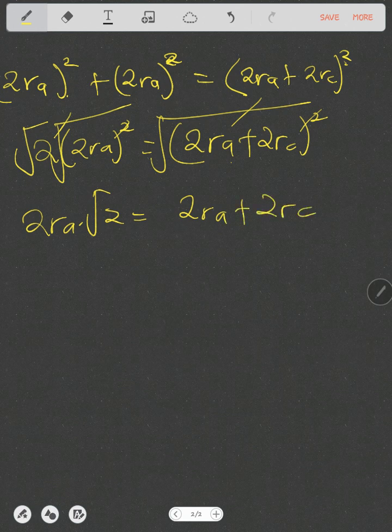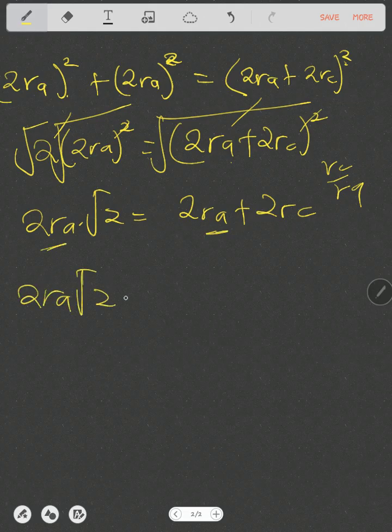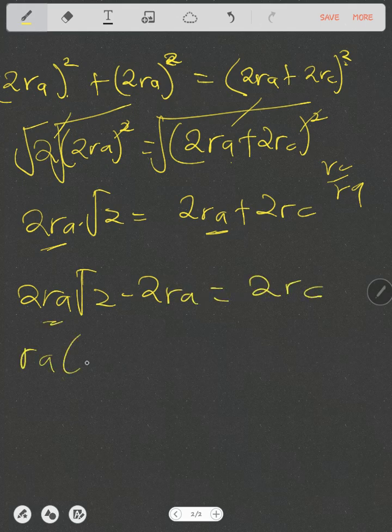Then again, our aim is RC over RA. Then we group like terms, so we have this and this, and let's bring them together. We have 2RA square root of 2 minus 2RA, all equal to 2RC. Bringing the RA out, 2 square root of 2 minus 2, and we have 2RC.